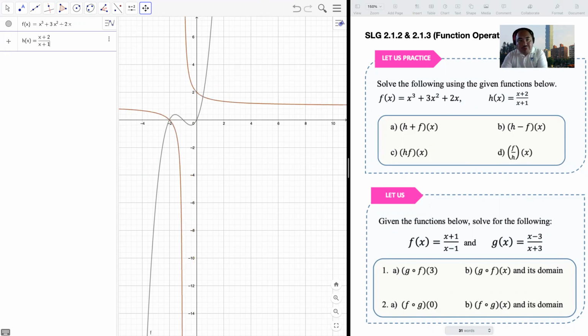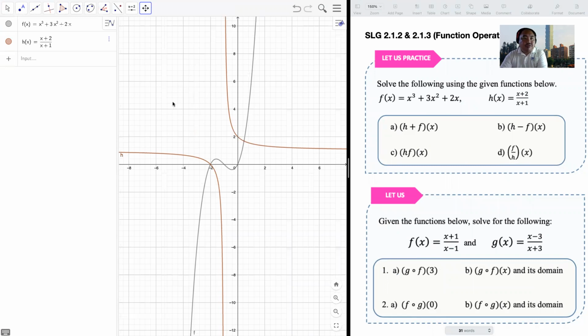Okay, so you have on your GeoGebra screen now two functions. The gray function is x cubed plus 3x squared plus 2x, and the red function is x plus 2 all over x plus 1.